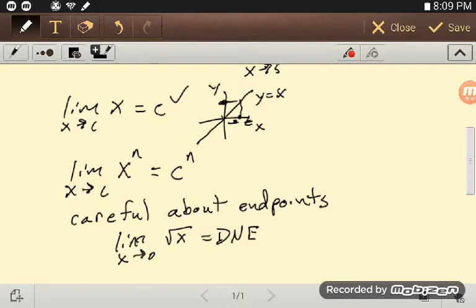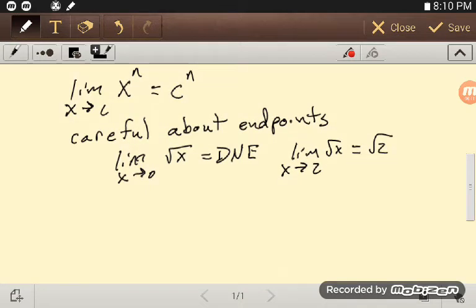And I can plug 0 into the square root just fine. The problem is I can't plug anything to the left of 0. I can't put negative numbers in there. So be careful about endpoints, but otherwise, if I just ask what's the limit as x goes to 2 of the square root of x, oh, well, that's the square root of 2. Okay, so we can do that sort of thing.